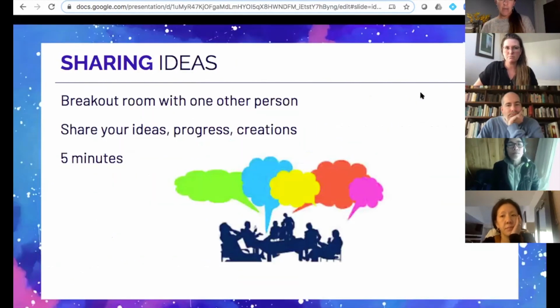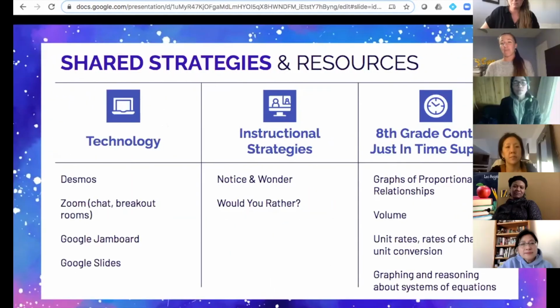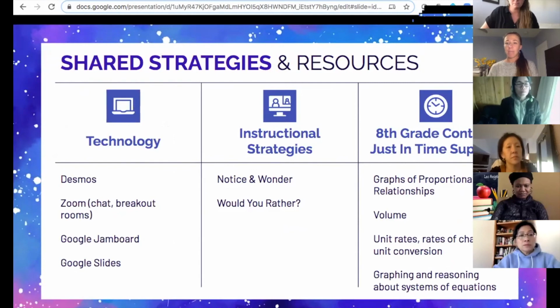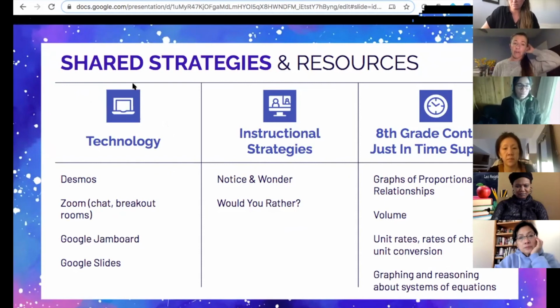We're going to skip ahead here. We talked about a lot of really good stuff today. I hope that you have found something that has sparked some interest for you, whether it be technology based or an instructional strategy. I feel like we covered several different things today. And like Solana said at the beginning, this is the wide net that we were sort of referring to.